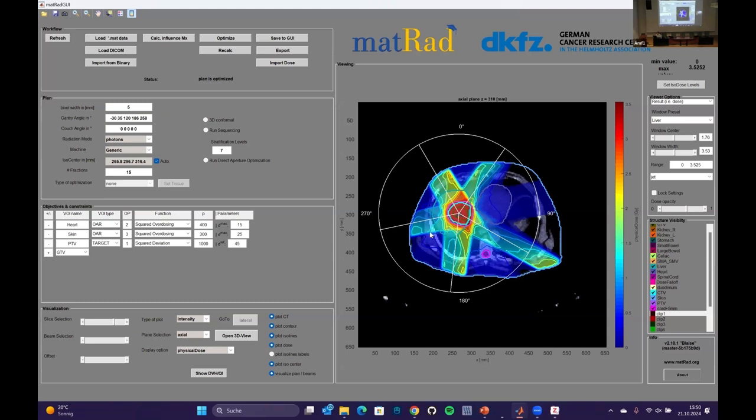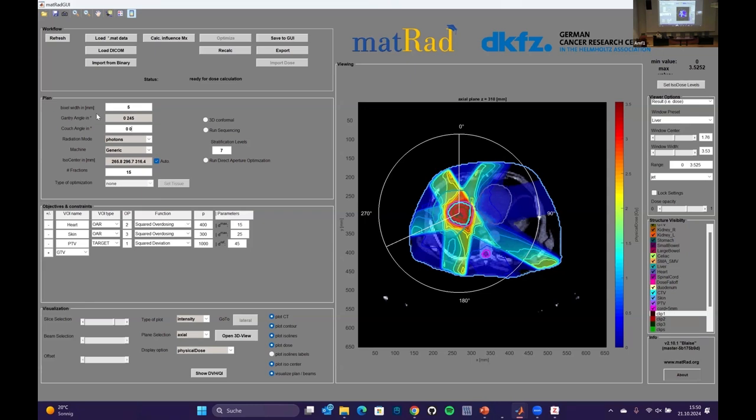Let's try this out a little bit. You can think about some beams. Let's take this one, maybe one from here.